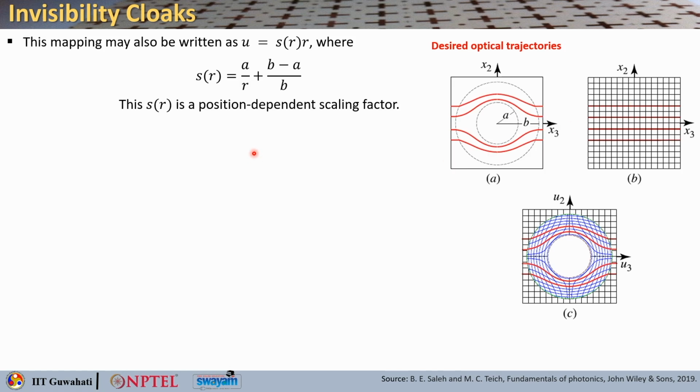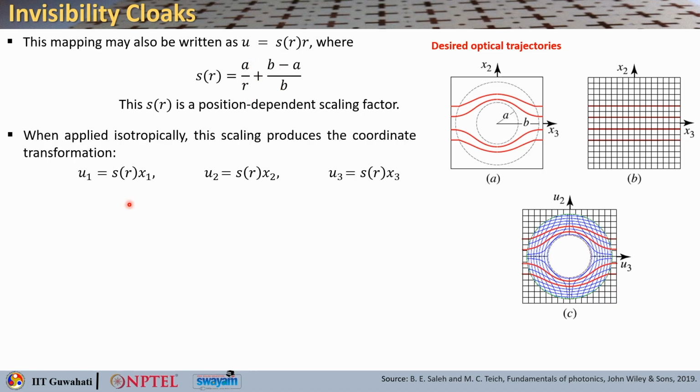Once you know the mapping, you can also write u equals S(r) times r. S(r) is basically the position dependent scaling factor, which can be written as a by r plus (b minus a) by b.